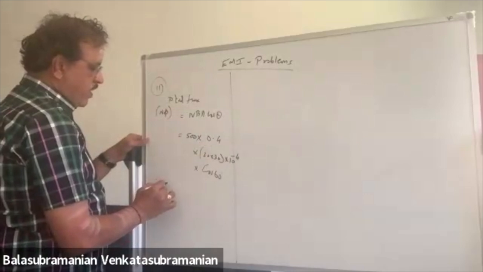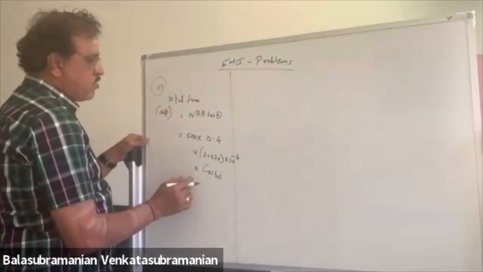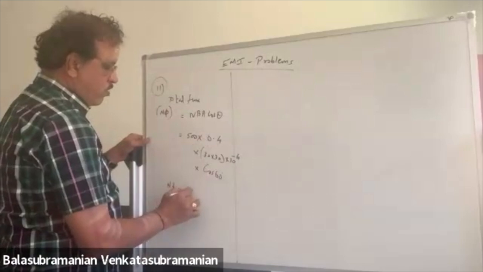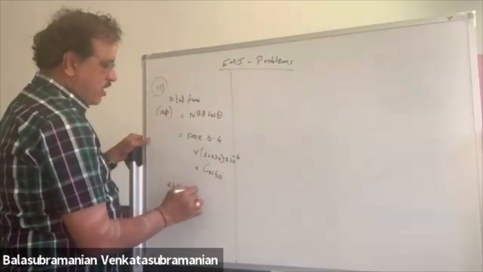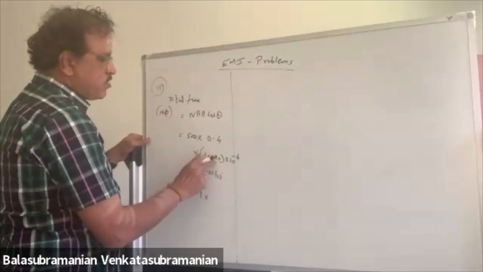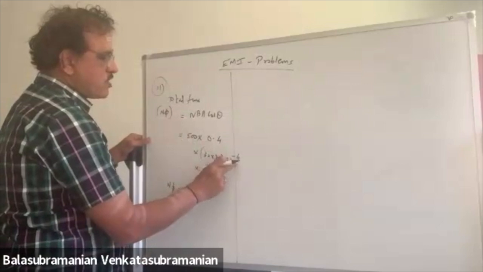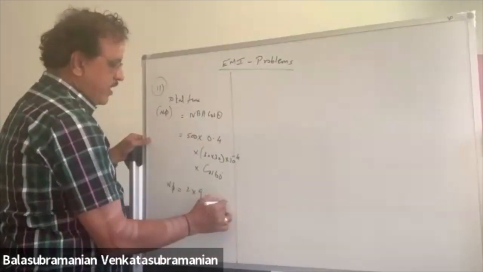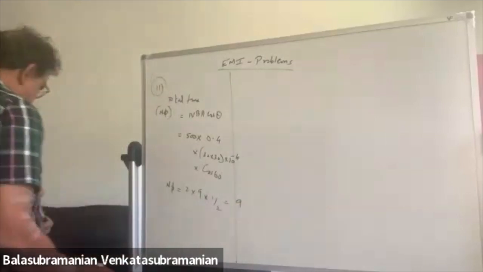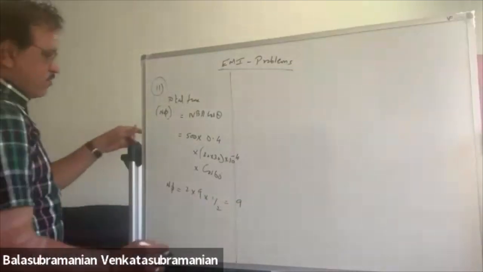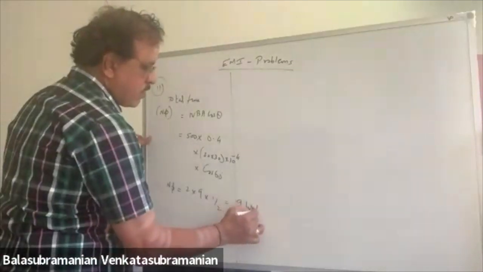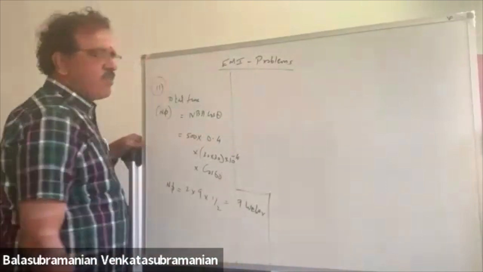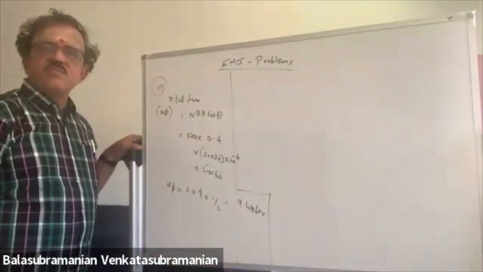So total flux NΦ is equal to 5 into 0.4, 2, 3 into 3, 9. These 2 zeros and these 2 zeros, 10 power minus 4 cancel. Cos 60 is 1 by 2. So answer is 9 Weber. 9 Weber is the answer. Okay.